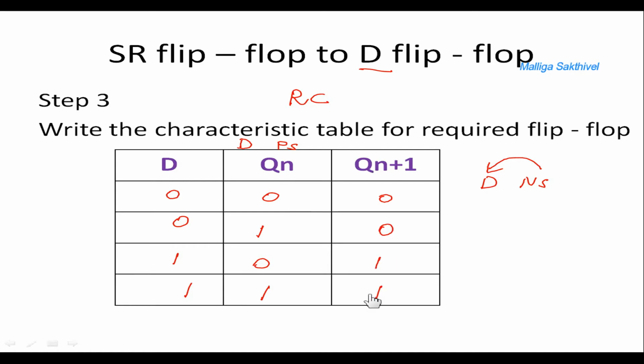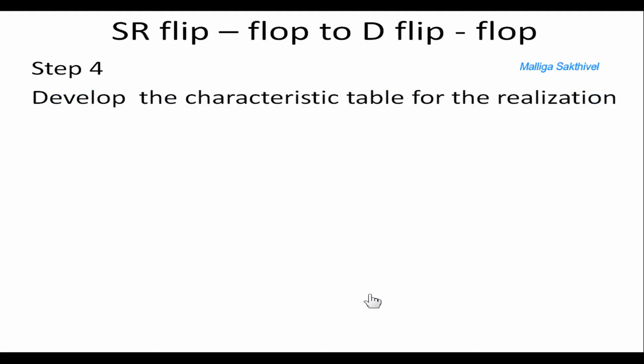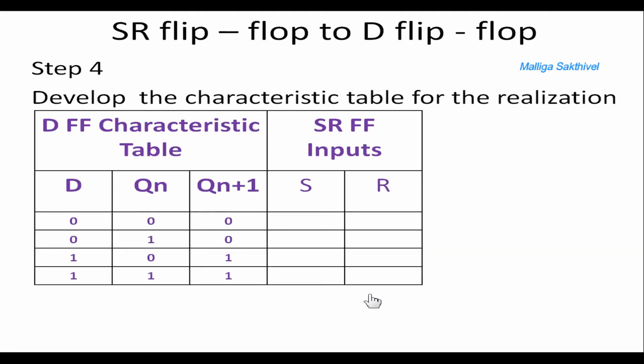Now we have written the characteristics table for our required flip-flop. Next, the fourth step is to develop the characteristics table for our realization. For our realization, this is the table.